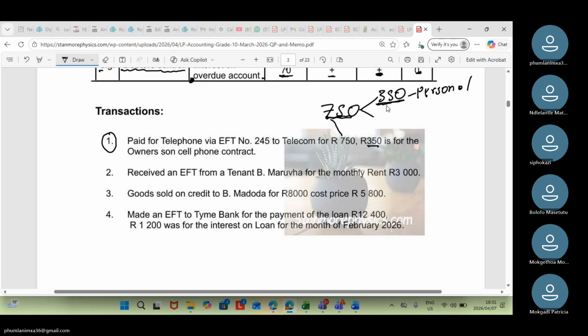Please just take away 350 from 750? 400. We'll have 400. So 400 is for business.